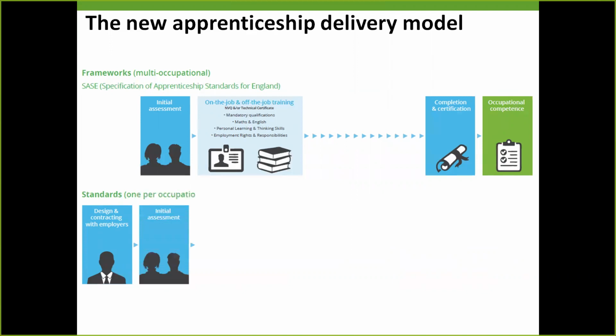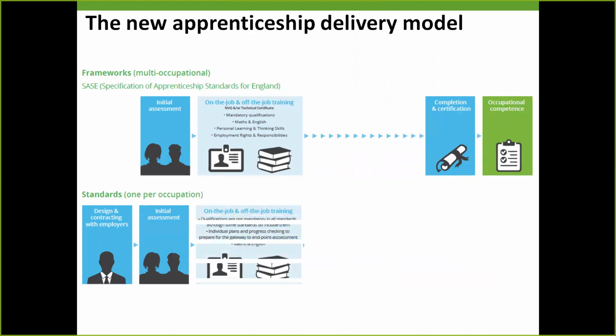And then moving on, you still have the aspect of initial assessment. Then I think the significant difference between what was the current on and off the job training and the new period of on programme is this element here, which is the gateway.